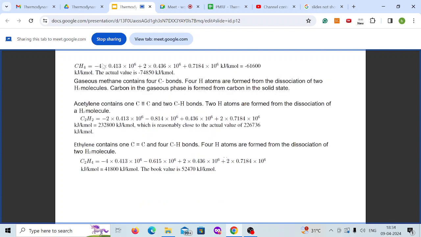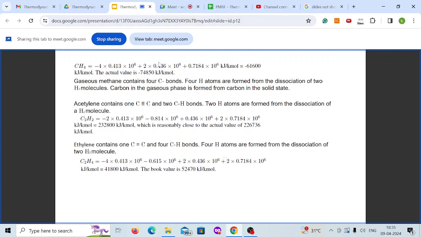So minus 4 moles, 4 bonds of carbon-hydrogen, so 4 into 0.413 into 10 power 6. This will come out to be minus 61600. But the actual value is minus 74850 kilojoule per kilomole. So this is just an estimate which we can find. This difference occurs because of other energies associated with the molecule.